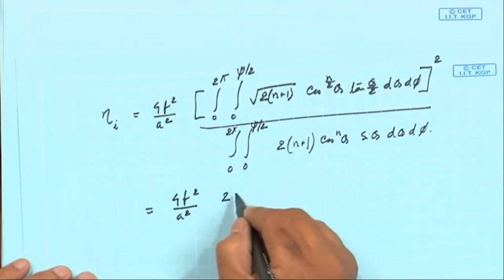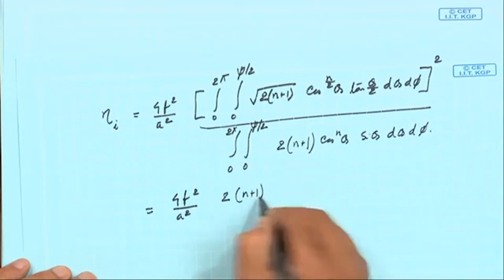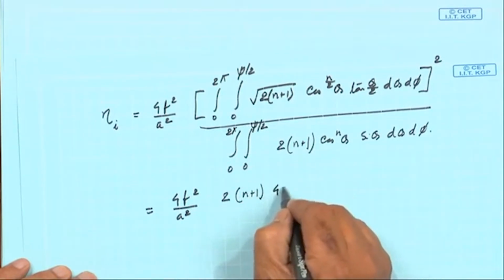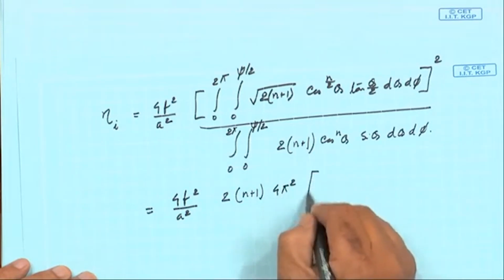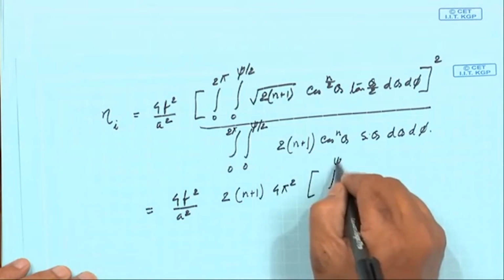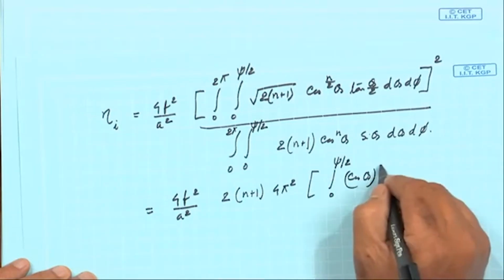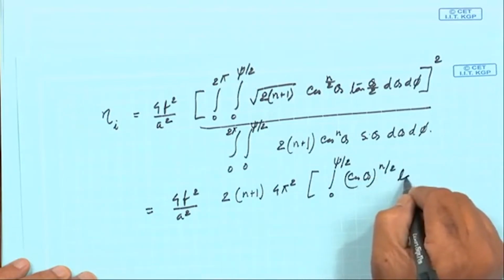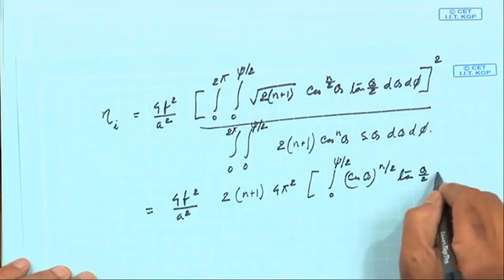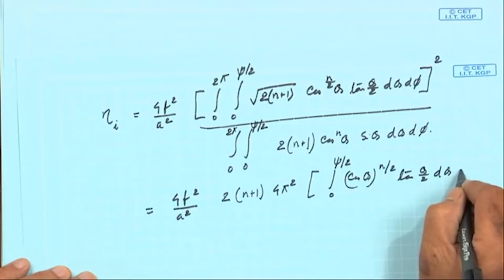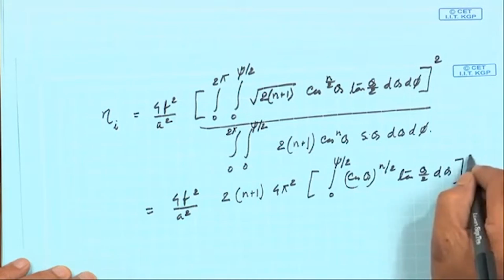So, let us see the numerator: 2 n plus 1, 4 pi square, integral 0 to psi by 2 of cos theta to the n by 2 tan theta by 2 d theta, whole square.